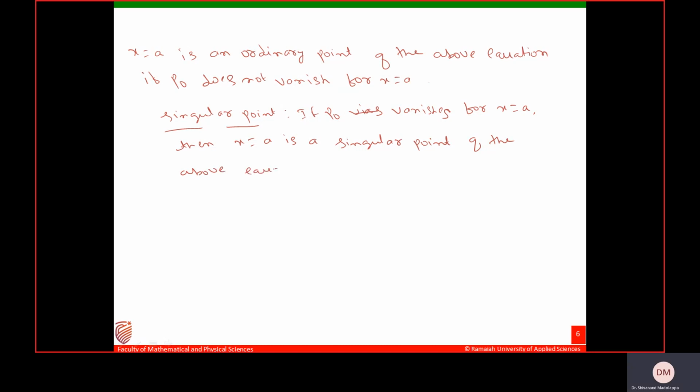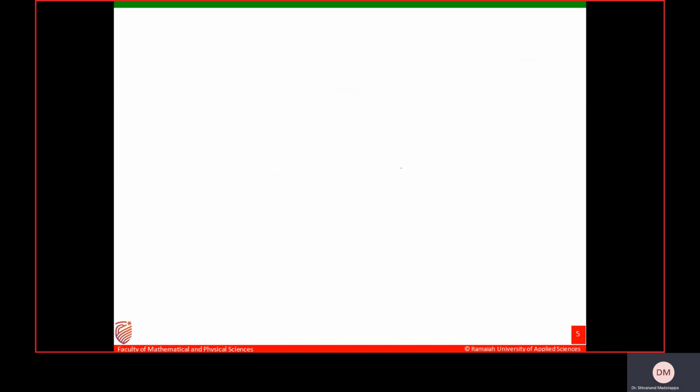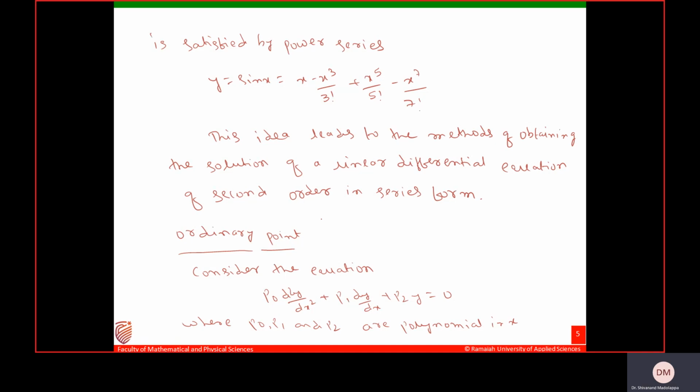We write the above equation as equation number 1.